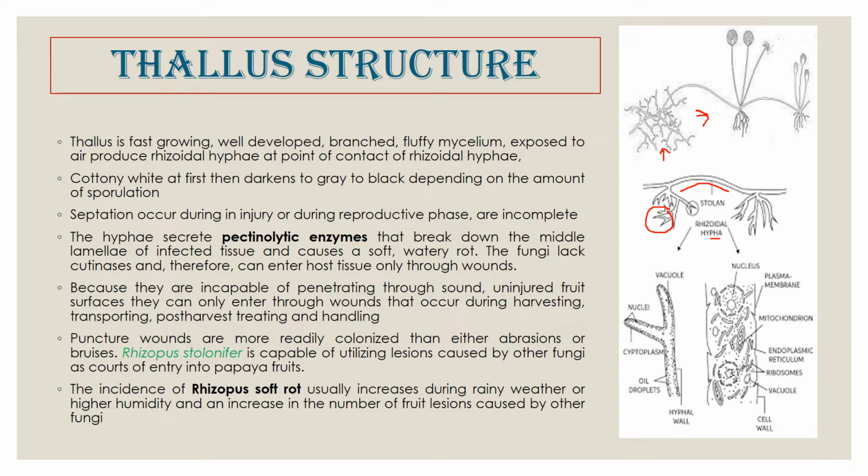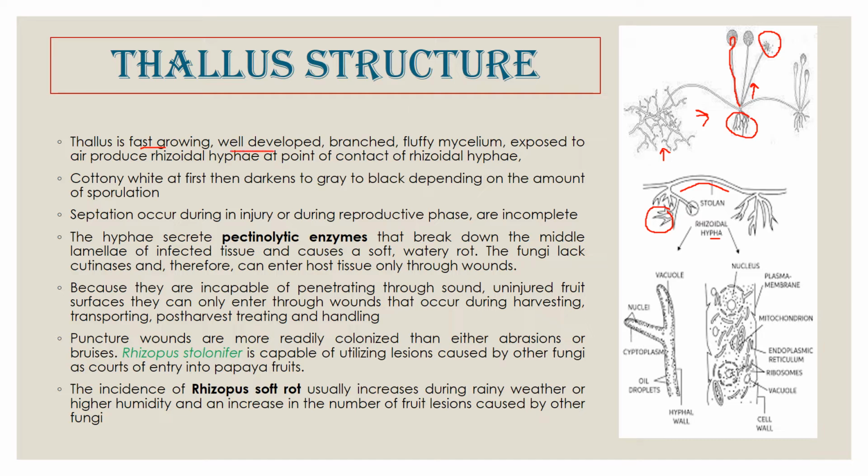Then this is the reproductive phase, where the rhizoids are developed, they also have some aerial stems, and these are the erect sporangiophores bearing the asexual reproductive spores, which are columellate. I don't know whether you can clearly see it, but here is the columella, which persists even when the spores are released. This is the stage where the spores are released.